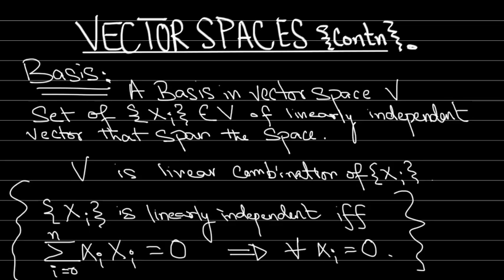Before we move further, we are going to look at some examples to better understand linear dependence. So let's start with some examples, and we'll do all of these in R3, a real field of 3 dimensions.